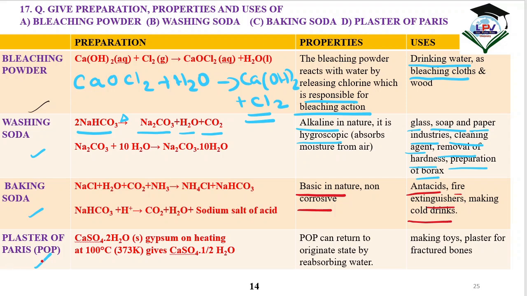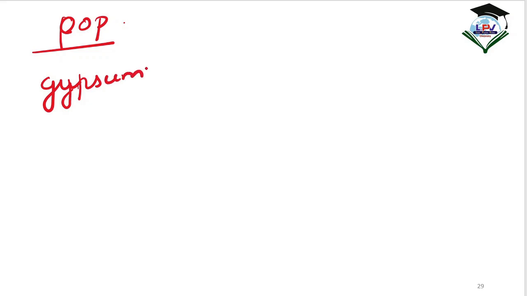Students, the last one is plaster of Paris, which is also known as POP. In order to prepare plaster of Paris, you have to take gypsum. This gypsum, when heated at 100 degrees Celsius, gives you the plaster of Paris.